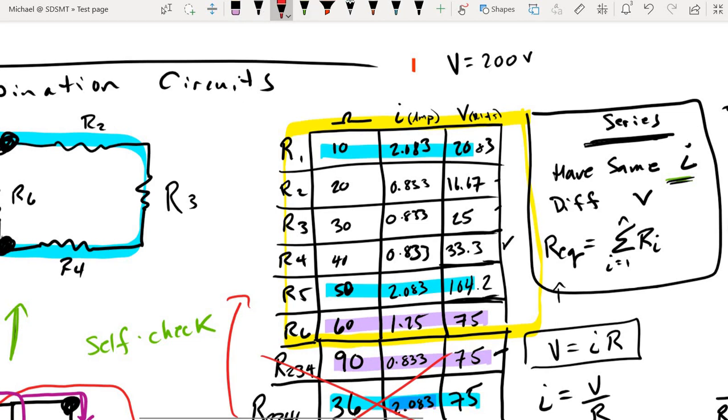Okay, I'll just circle them then. So resistor 1 was 20.83 plus 16.67 plus 25 plus 33.3 plus 104.2. And I'm guessing if you added all of those up, you would get 200 volts, give or take a couple of decimal values.